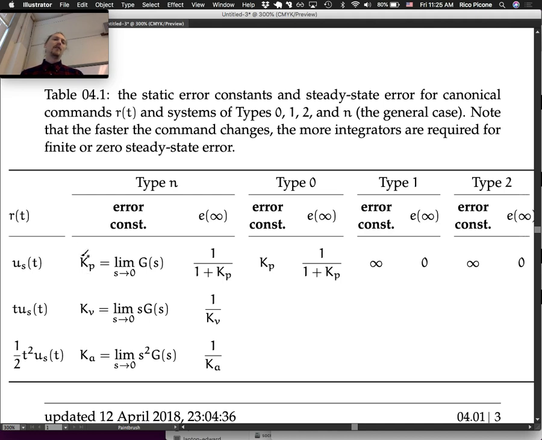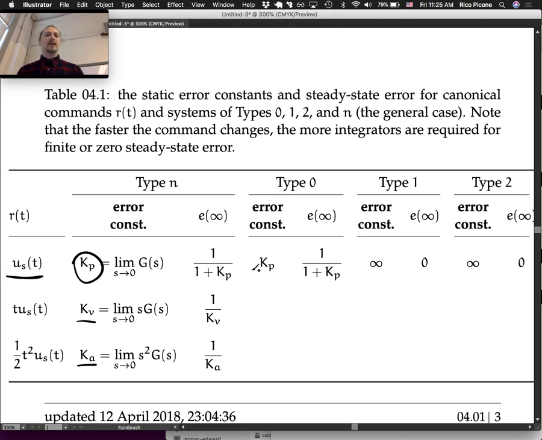It's one of 3 named static error constants. So this is the one we've already seen, Kp. There are also 2 others, Kv and Ka, and they correspond to different command types. So for a unit step input, this first row is the one that we already did.